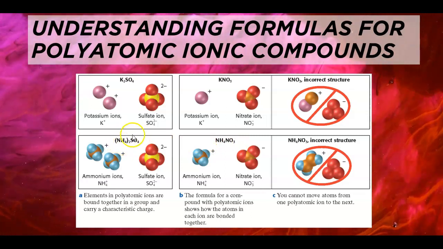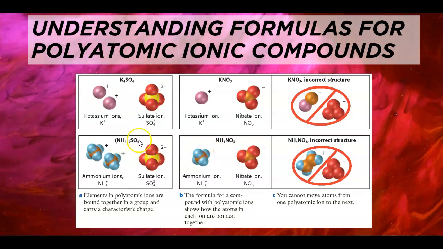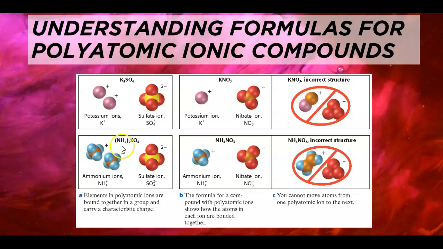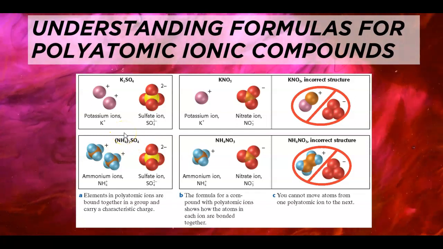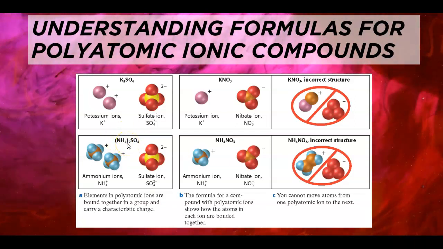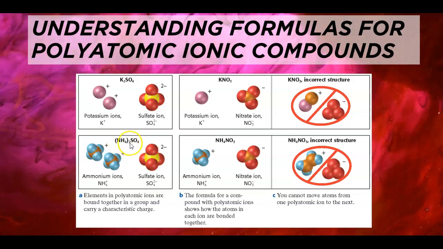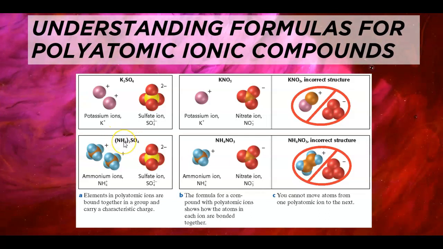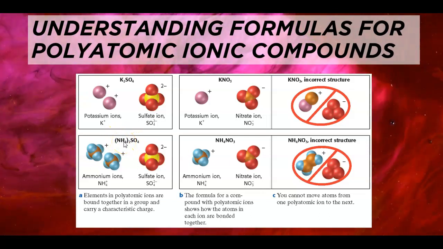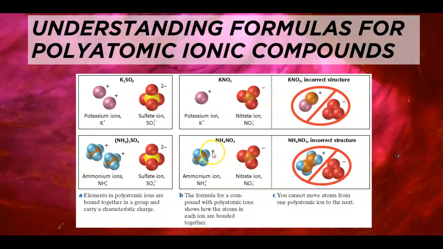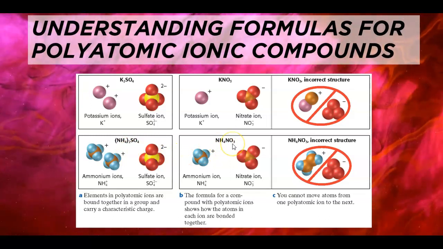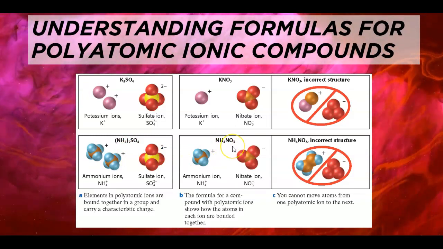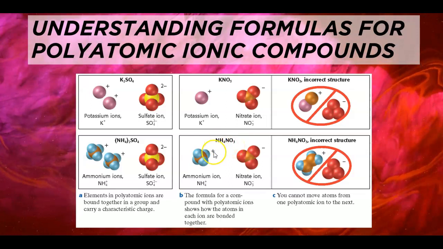So for instance, ammonium sulfate is (NH4)2SO4. I had to put parentheses around the NH4 because otherwise it would say NH42, and we need to be aware that the 2 applies to every atom in that polyatomic ion. We also have NH4NO3. Notice I don't need parentheses for NH4 when it's just a 1-to-1 ratio.